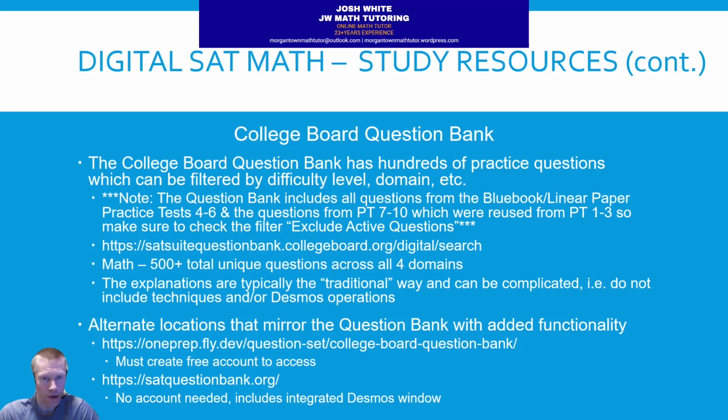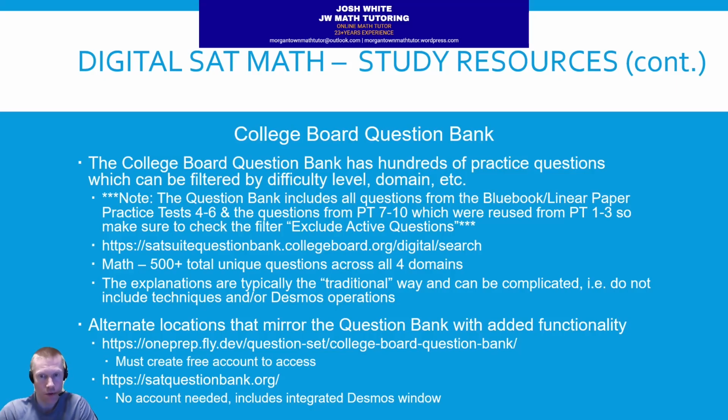Now, the question bank, though, includes all the questions from essentially the Bluebook and linear paper practice tests 4 through 6. The questions from practice test 7 through 10 which were reused from practice test 1 through 3, because basically when they retired 1 through 3, they added 7 through 10, but only 7 is completely brand new. 8 through 10 reused questions, a lot of them from 1 through 3.